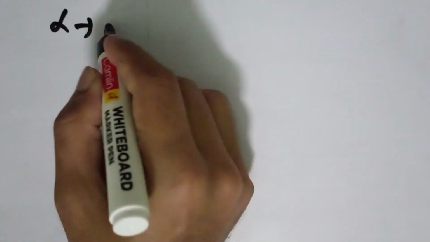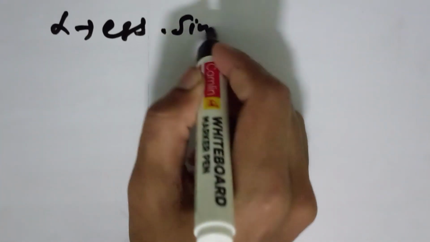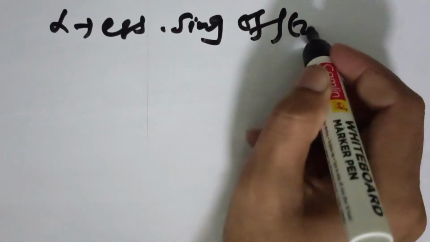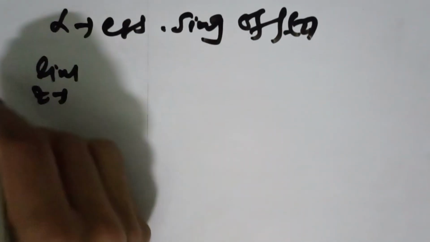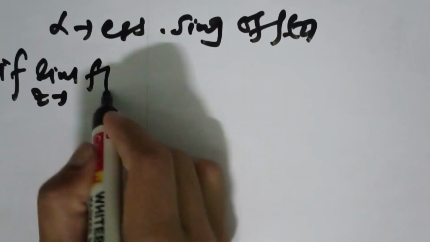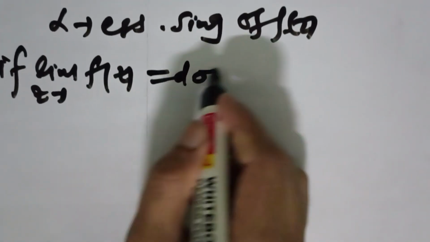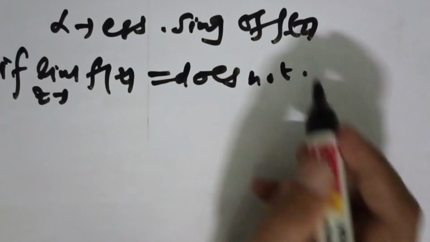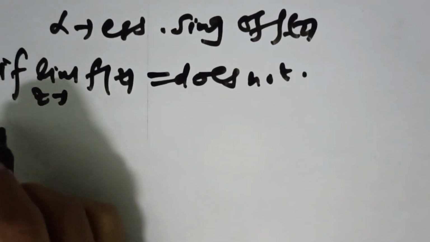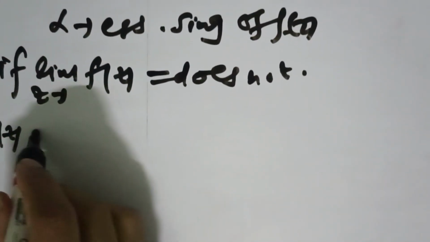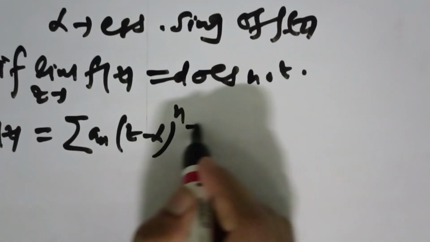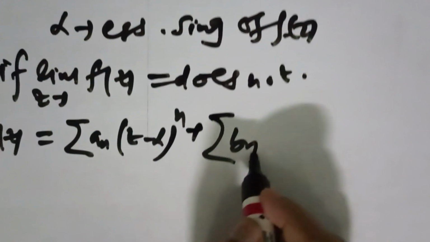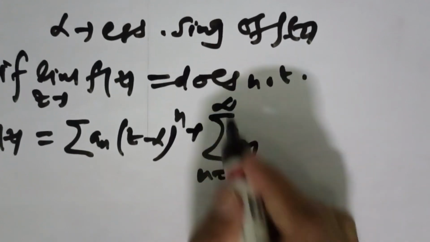But if alpha is an essential singularity of f(z), then the limit as z tends to alpha of f(z) does not exist. If you observe the Laurent expansion, you easily understand this: the summation of a_n (z - alpha)^n for n from 0 to infinity, plus the summation of b_n (z - alpha)^(-n) for n from 1 to infinity.